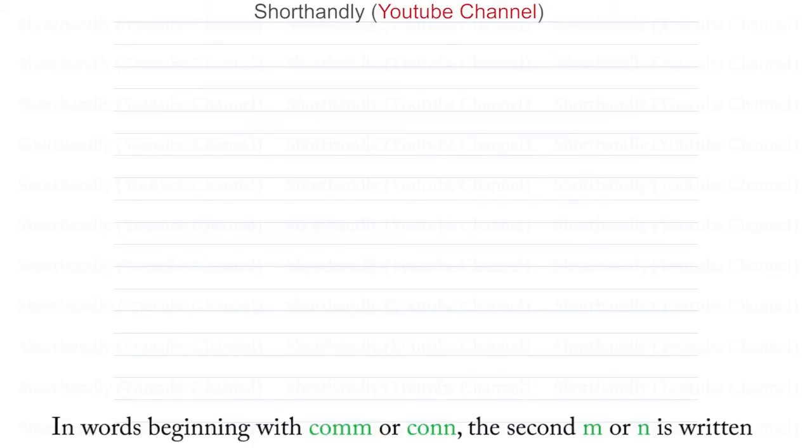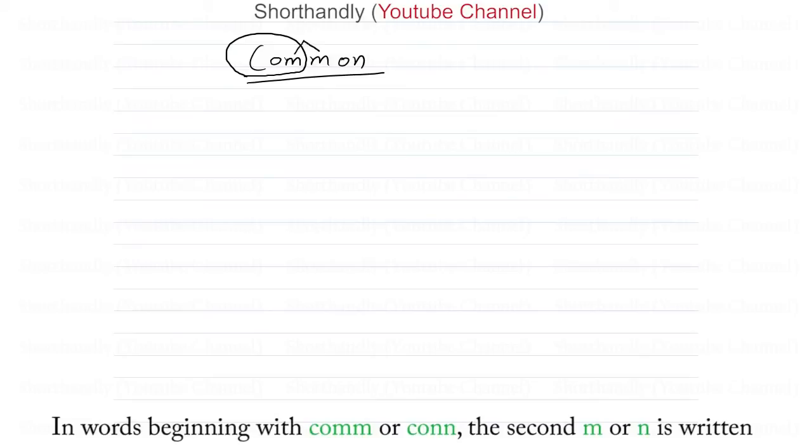Suppose we have a word here called common. So if you notice, we have this com prefix here, and if you notice the whole word, we have this two M here.